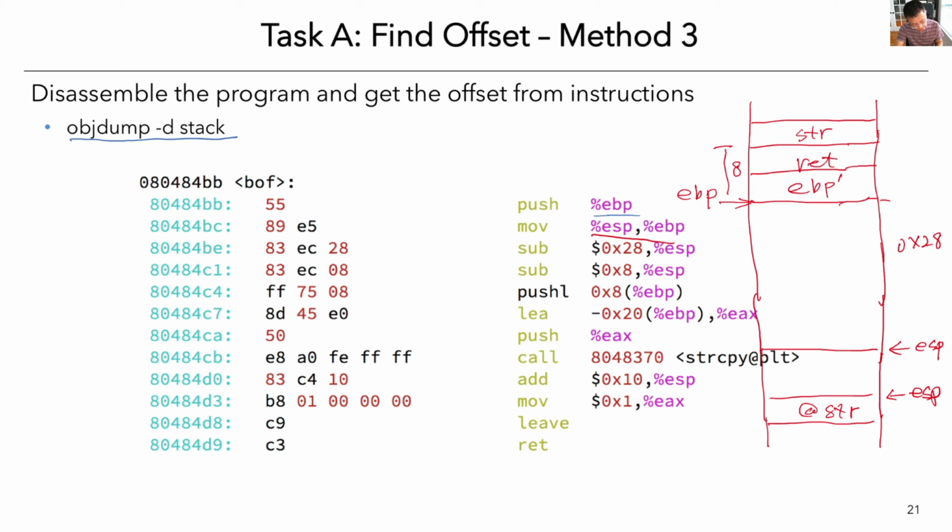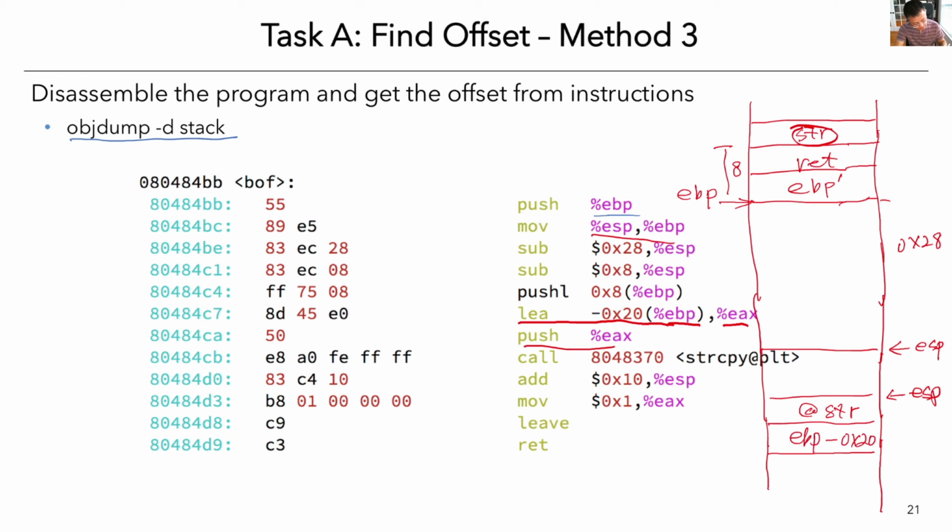Then we're going to load the address of EBP minus 0x20 into EAX and push EAX. So here, this will be EBP minus 0x20. Okay, then it's going to call the string copy function.